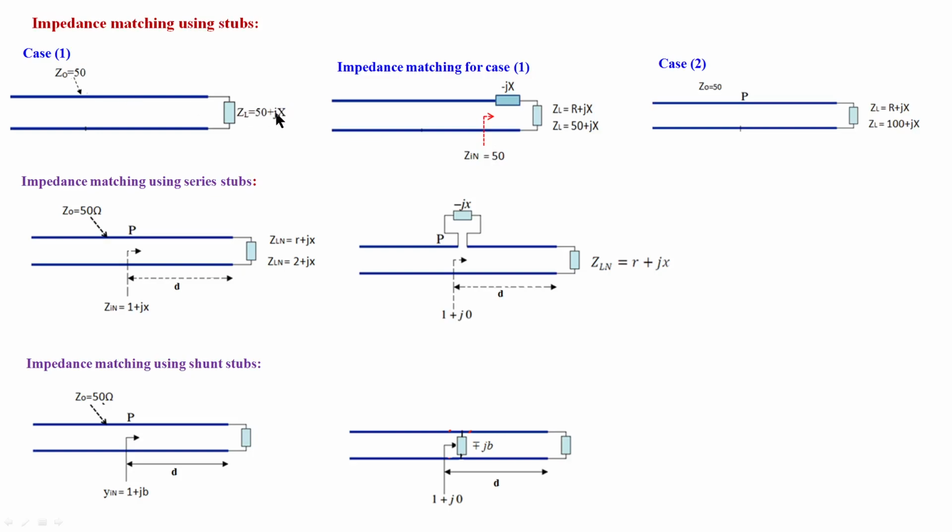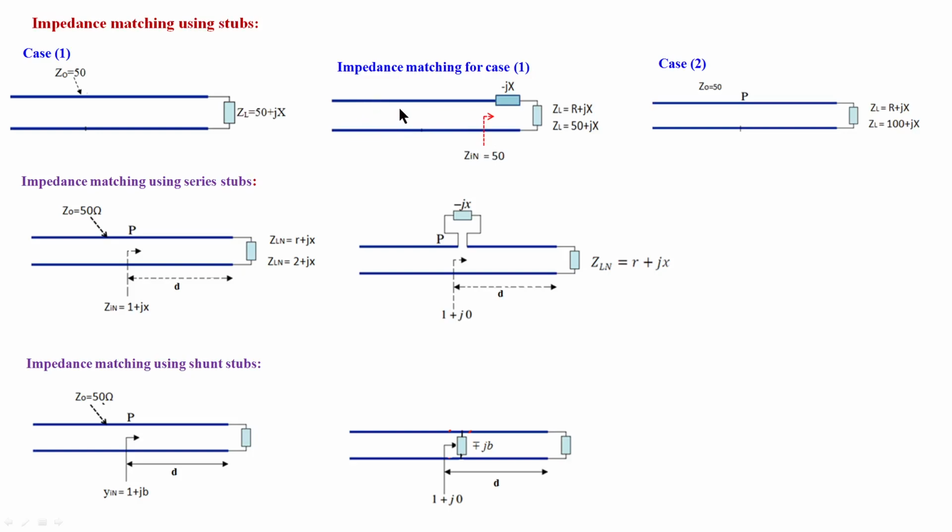You can eliminate the reactance by adding an opposite reactance, minus jX. Between these two terminals the impedance is the addition of the load and this component, so the minus jX cancels with the plus jX, and the impedance between these two terminals is 50 ohm.